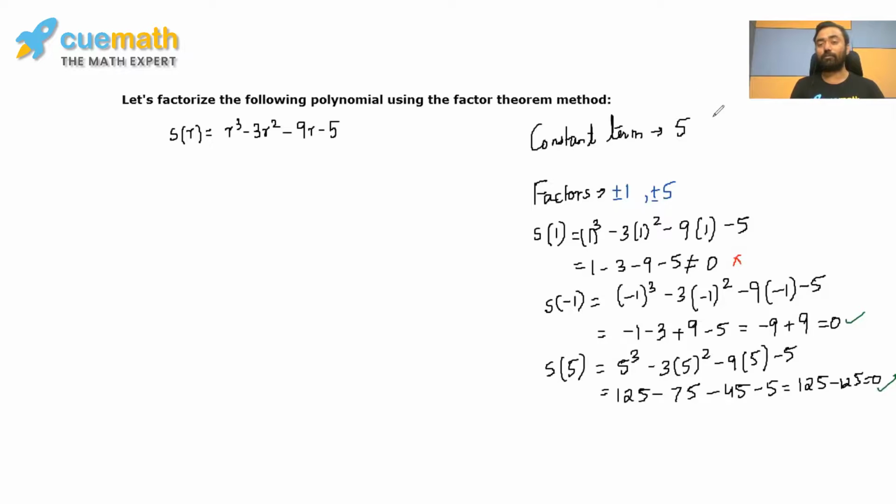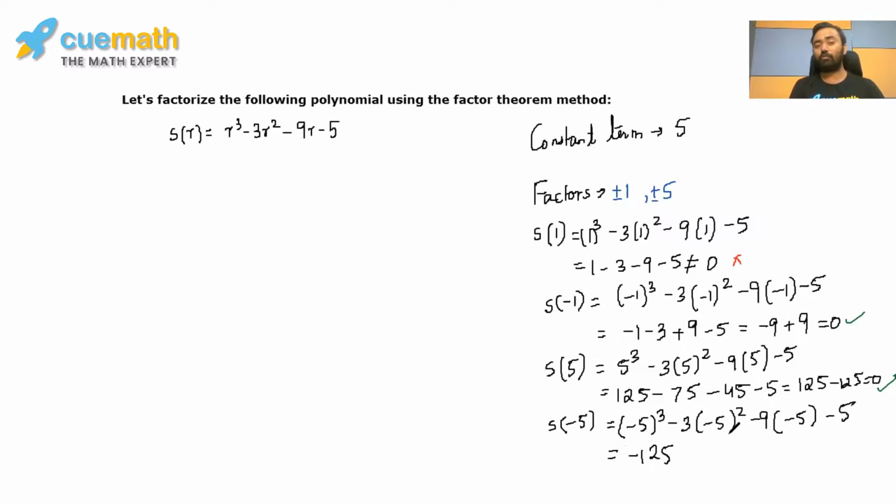Let's check for the last number, negative 5, because this is a cubic polynomial and there has to be 3 factors and 3 roots. So negative 5 whole cube minus 3 times negative 5 whole square minus 9 times negative 5 minus 5. If we simplify this further, we get negative 125.